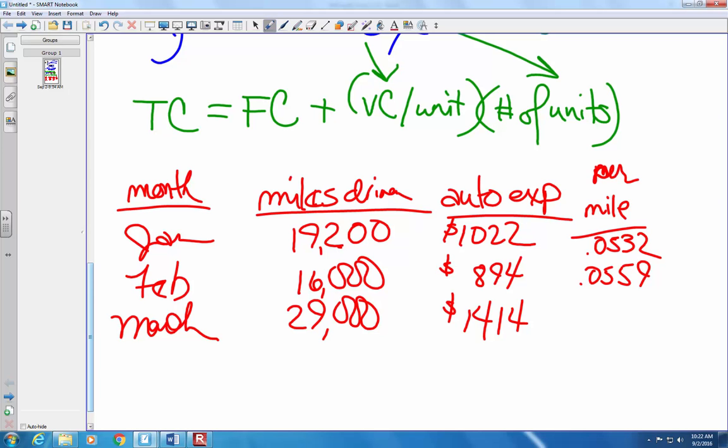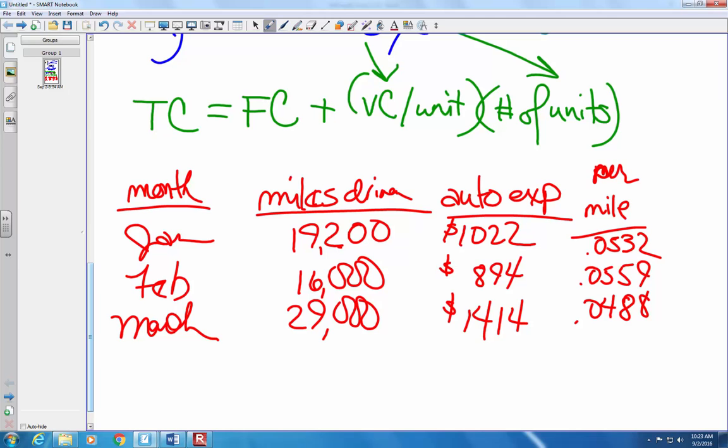You with me? And in March, I can see it's going to drop a ton. It drops down to 0.0488.